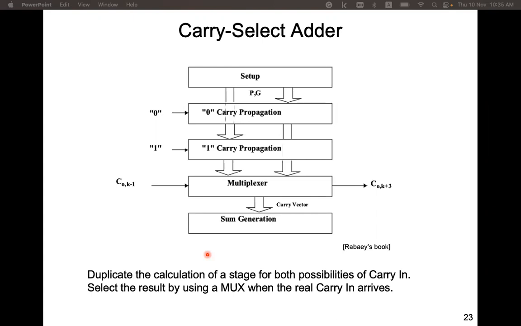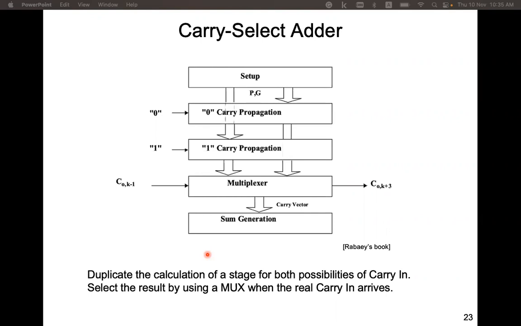So an approach without waiting is to assume that the carry in is known. There are only two possibilities. CI is either 0 or 1. Only two possibilities, right? So we can calculate CO for both possibilities in advance without waiting for CI.